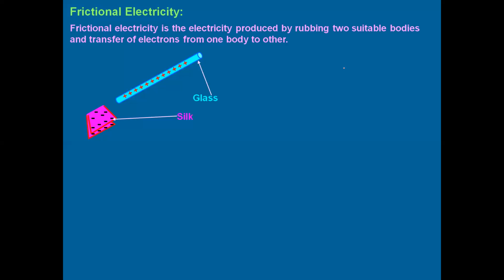Let us look into another pair of materials: an ebonite rod and fur. When fur is rubbed against an ebonite rod, after rubbing, you can see that ebonite will develop a negative charge and fur will develop a positive charge. So what do you conclude from here? When you compare ebonite and fur, ebonite has more strongly bound electrons than the fur.